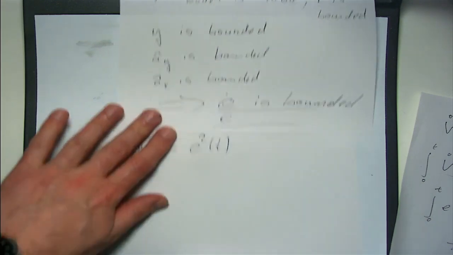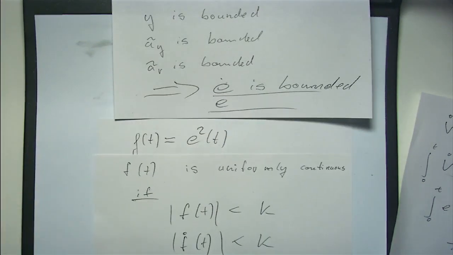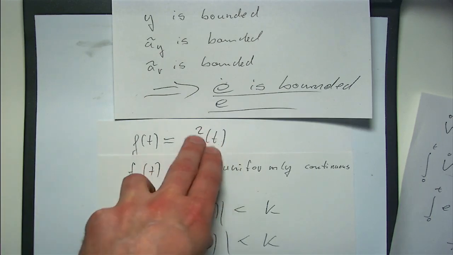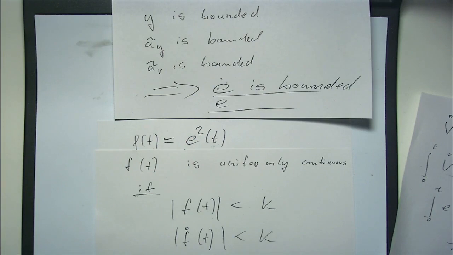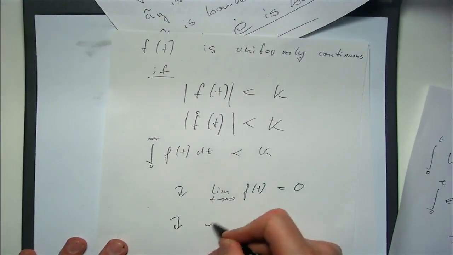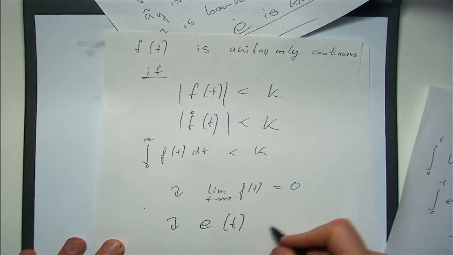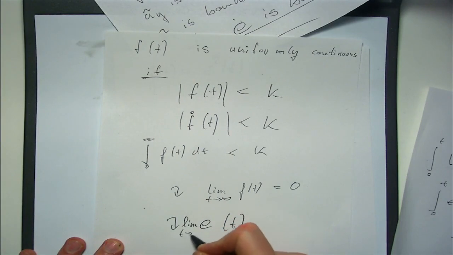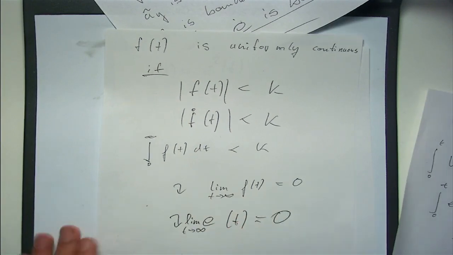And we can apply Barbalat's lemma. Hence the limit of e of t as t goes towards infinity is 0. So this is Barbalat's lemma.